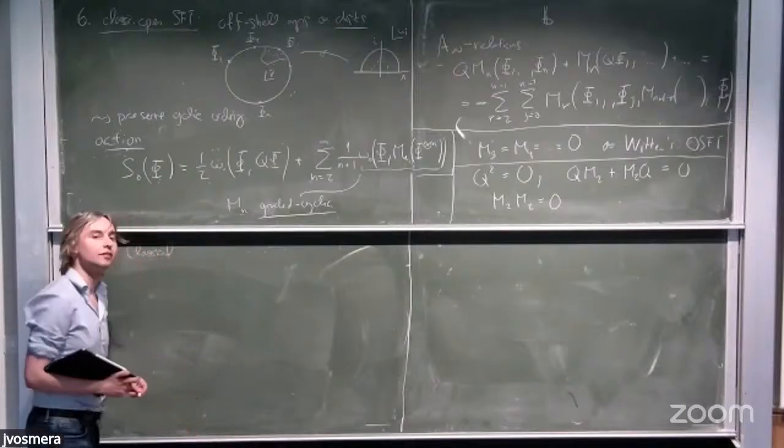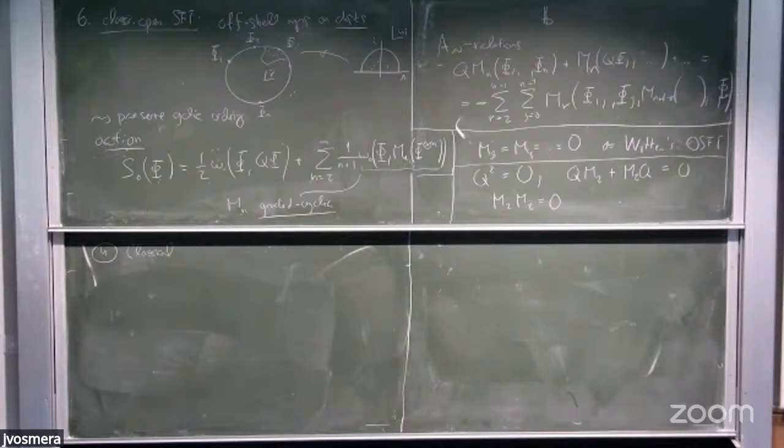Is this notion of equivalence well understood? Yeah, I'm not sure I know the answer. I'm not such a big expert in this algebraic formulation. I can think about it.